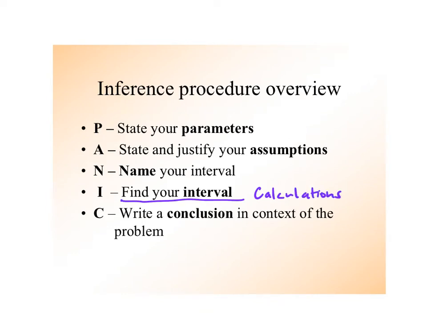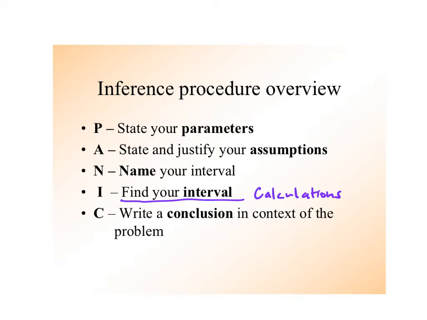And so some of you, when you turn in your assignment, you submitted just your calculations and your conclusions. But I also wanted you to state your parameters, assumptions, and naming the interval. And so today I'm going to be going over what are some changes that happen in the PANIC model for proportions.